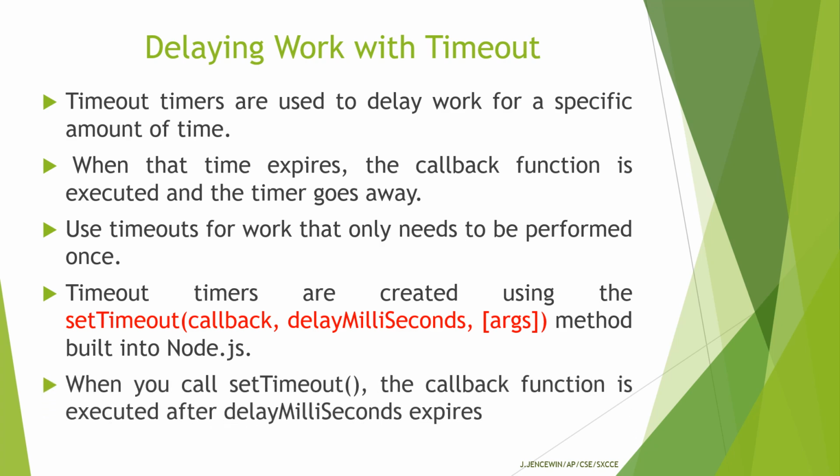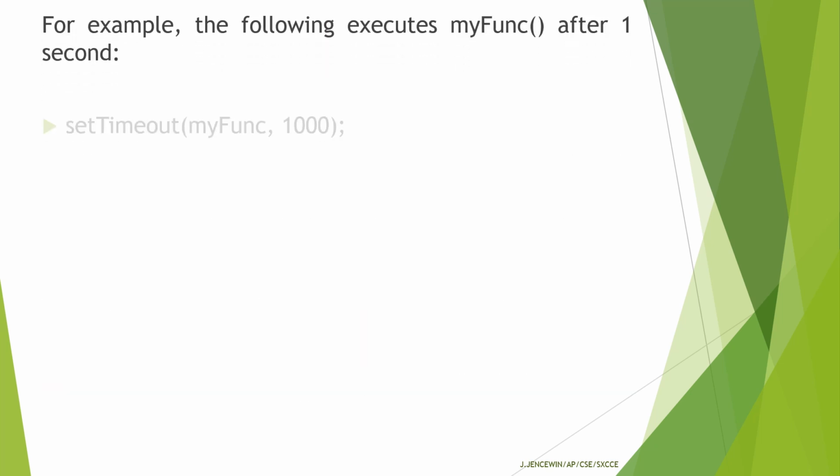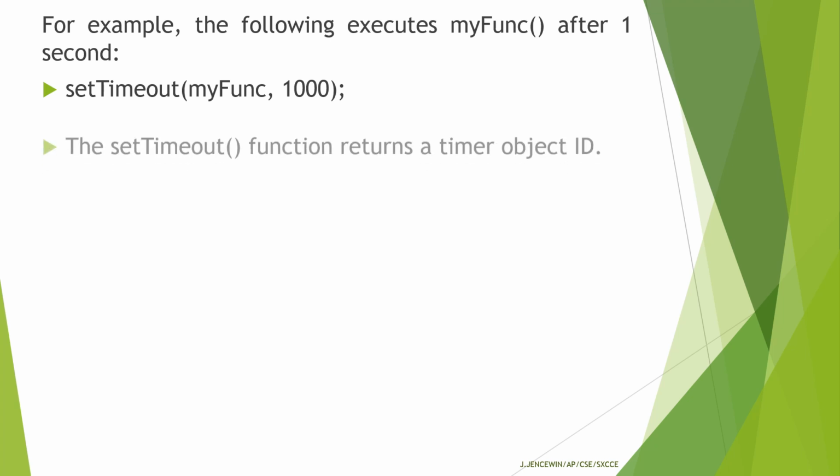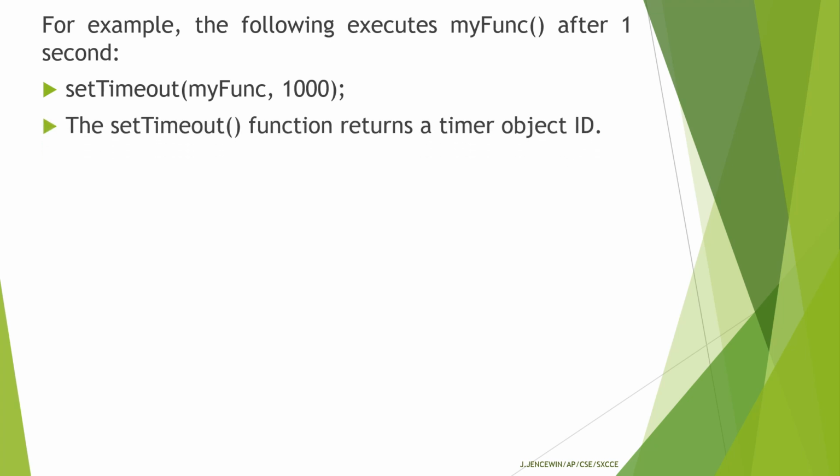When we call setTimeout, the callback function is executed after the delay. Here is the example: setTimeout of myFunction, 1000.